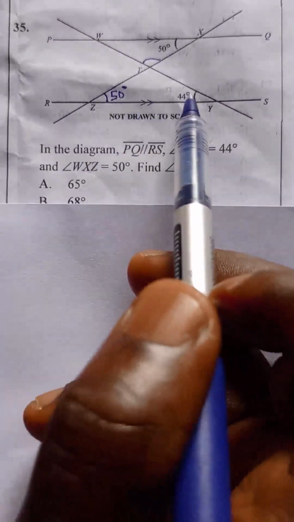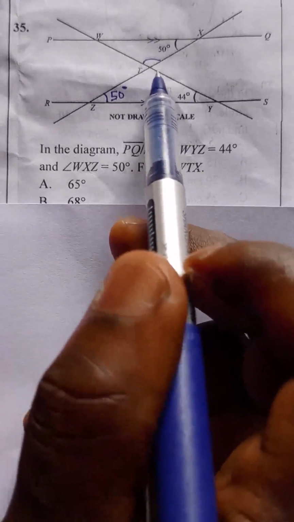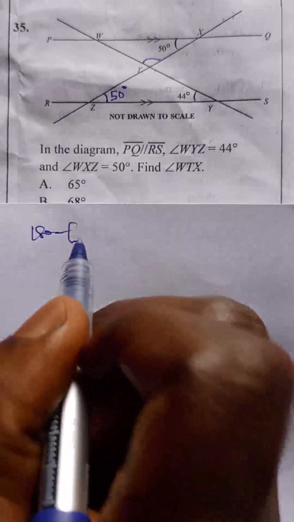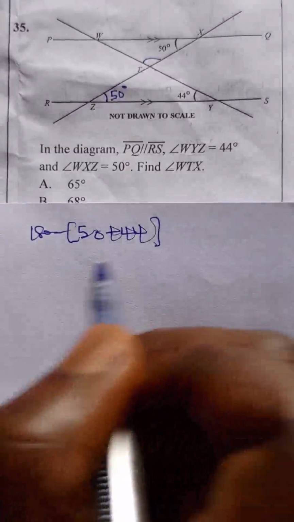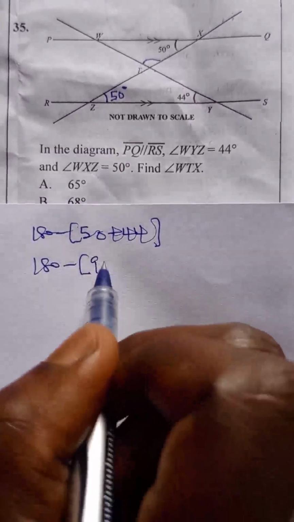And 50 plus 44, subtracted from 180, you can get this angle. That is, we can say 180 minus 50 plus 44 degree, and 50 plus 44 degree is going to give us 94.